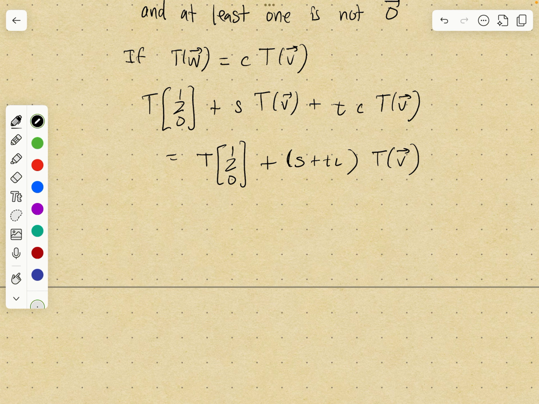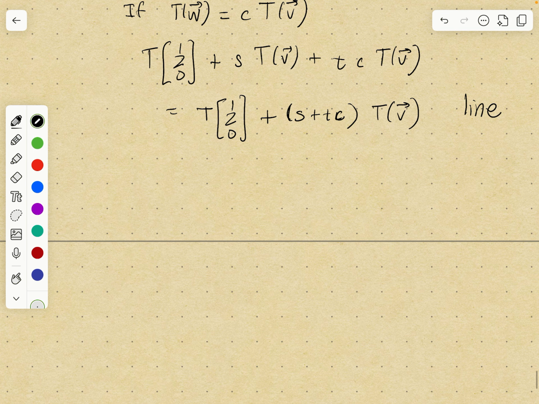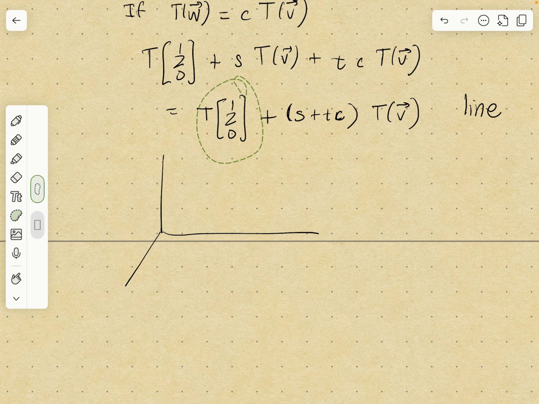Now what does this look like? Do I have a plane? No, I have a line, right? This is going to be a line. I have T of 1, 2, 0, that's going to be some vector, maybe here.